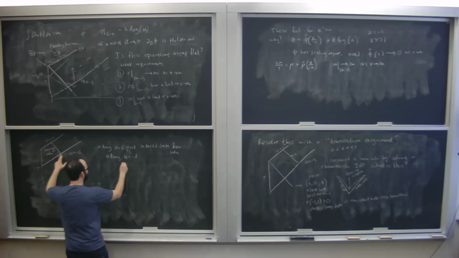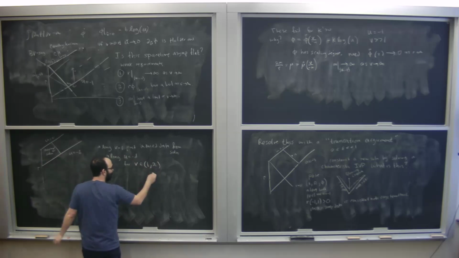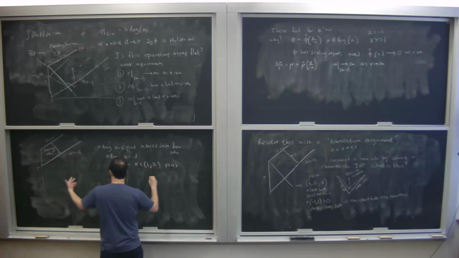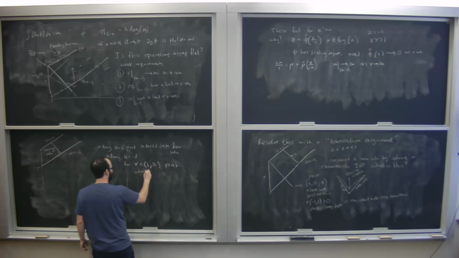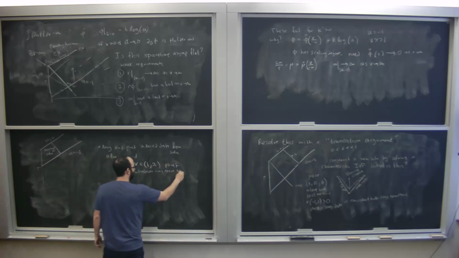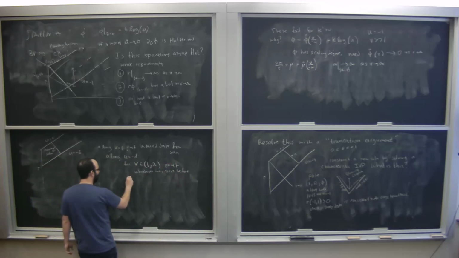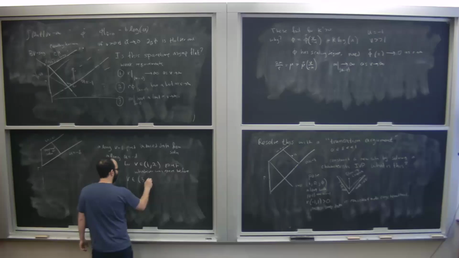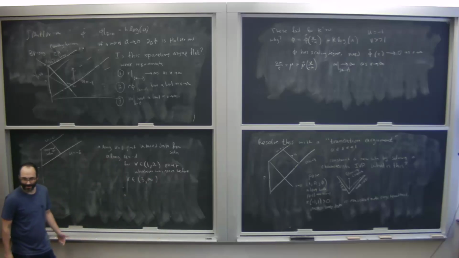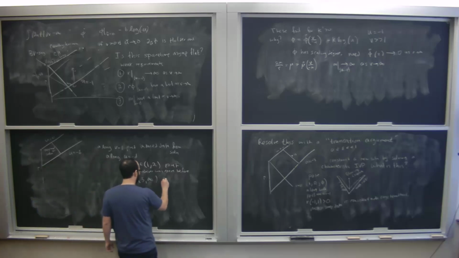So for v between 1 and 2, I'll put whatever data was there before. And then for here, I want to put data: a trivial scalar field.